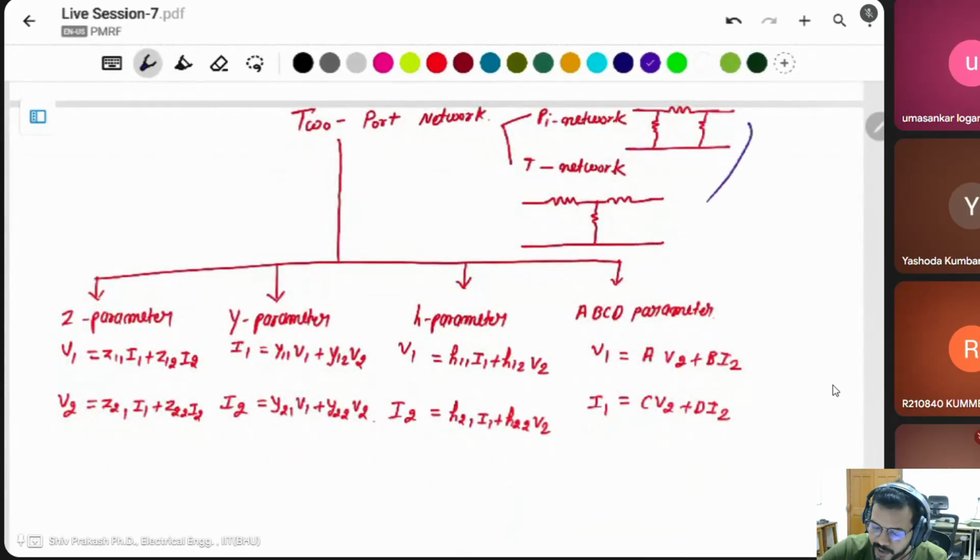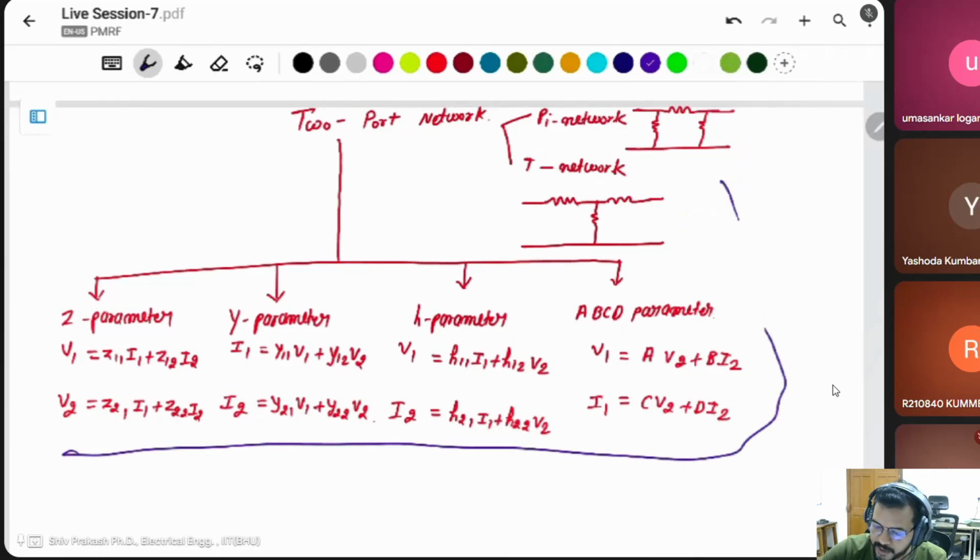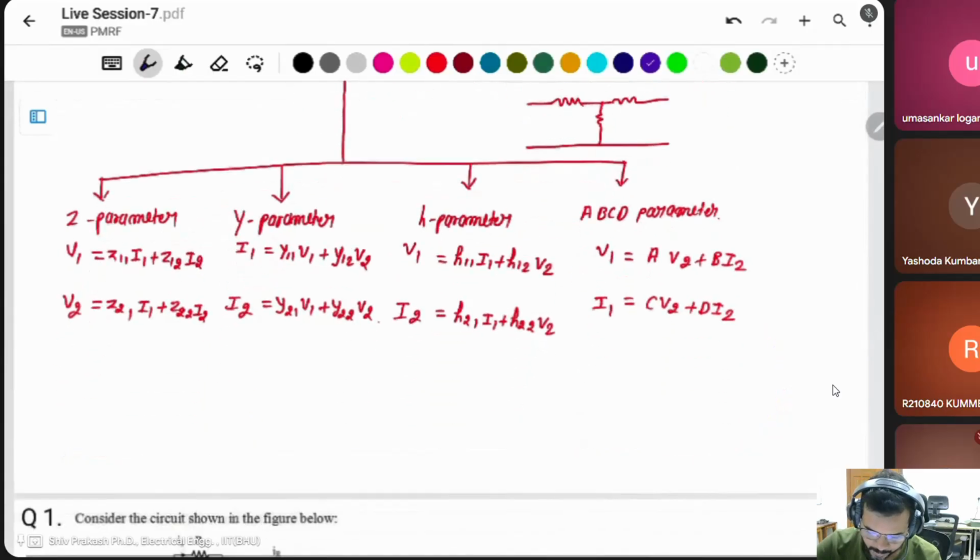From this you can easily find all of the parameters. That's why there are two lines in the network. If you want to find the Z parameter, simply add this one. For the Y parameter, you can use this one. For easy calculation, you can model the transmission line like that in a pi network or T network.